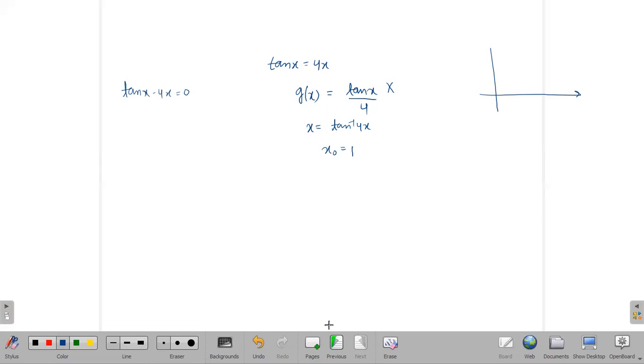Any other doubt? Ma'am, whenever I am using the g of x which is by Newton's method, that is x minus f x by f dash x, ma'am, do we have to show that it is satisfying the 3 conditions, or can I use it directly?